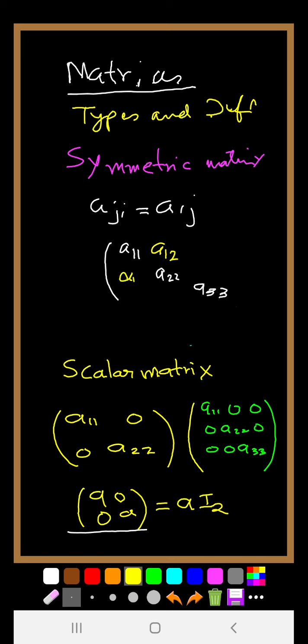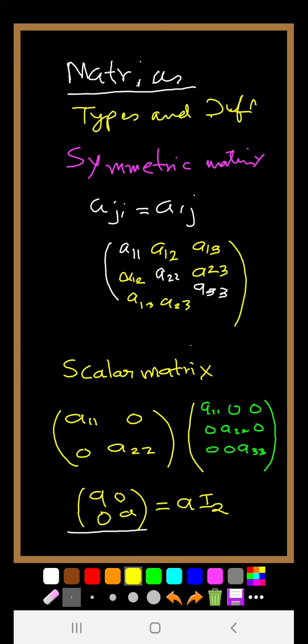So instead of writing A21 here, we also write A12. Like if we have A13 here, this would normally have been A31, but instead we are writing A13. Similarly, it's A23; this would have been A32, but we are still writing A23.